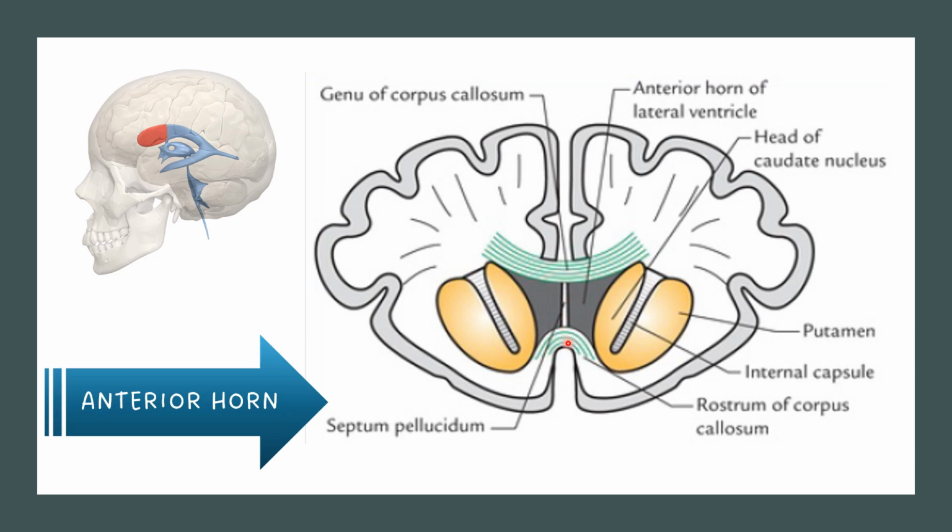The narrow floor is formed by the upper surface of the rostrum of the corpus callosum. The anterior wall in the front is formed by the genu of the corpus callosum. The medial wall is formed by the septum pellucidum, and the lateral wall is formed by the bulging head of the caudate nucleus.